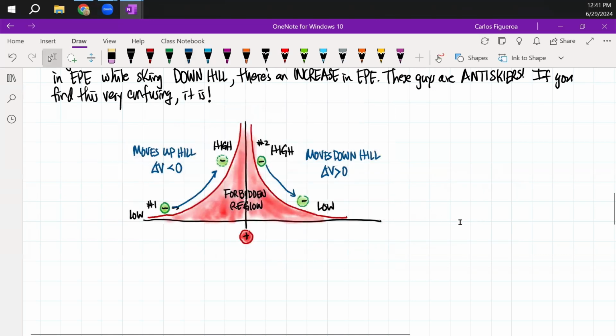And so what we're going to have to do here is change our picture. Prior to this, I was saying, what do I mean by this? This is what you're seeing right here. This is the anti-skier. If it goes uphill, how could it be losing potential energy?